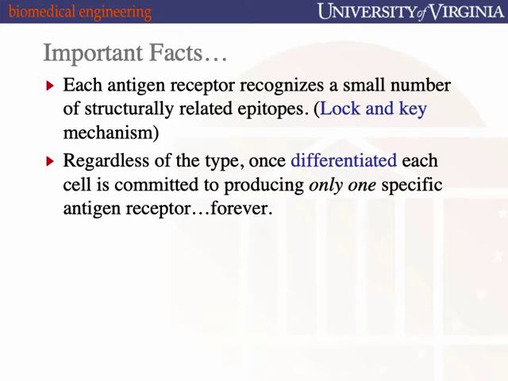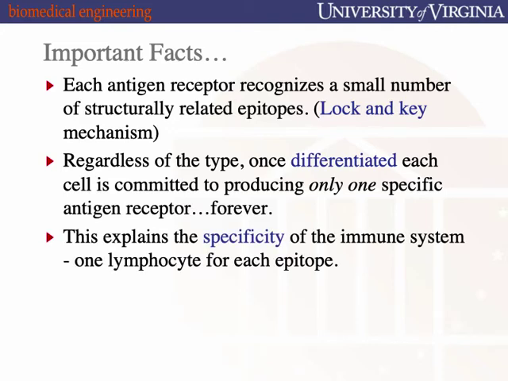One B cell will produce one antigen receptor that will eventually be turned into one soluble IgG molecule, right? Many of that, but only one. And that is forever, right? That gets hardwired in the system. So if you combine these two, this explains how we get this high level of specificity from both B cells and T cells.